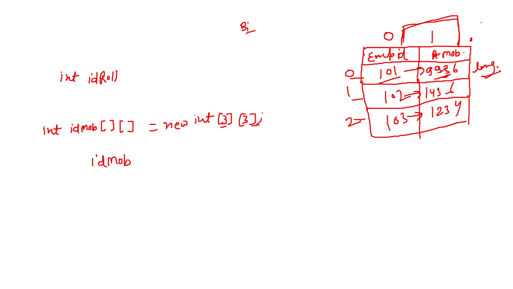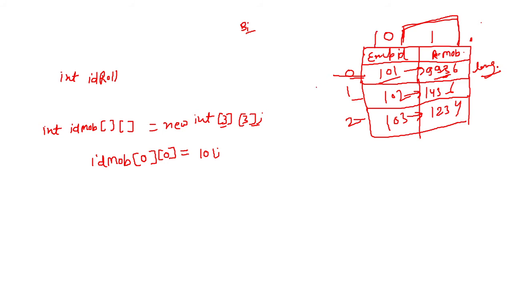Now I have to store the id of the first employee. First employee index is 0, and 0. This is what? 101, because 0 and 0 is 101.